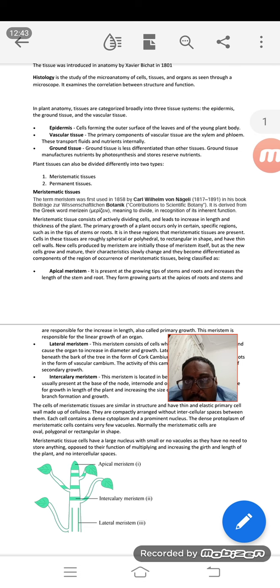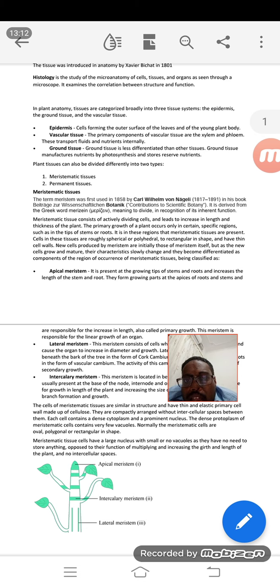Number two is called the vascular tissue, which helps to conduct water, that means to transport water from one place to another and to carry the produced food material from one part of the plant to another. Number three is known as ground tissue, which has the capacity to store nutrients and for manufacturing, that means photosynthesis and other things.